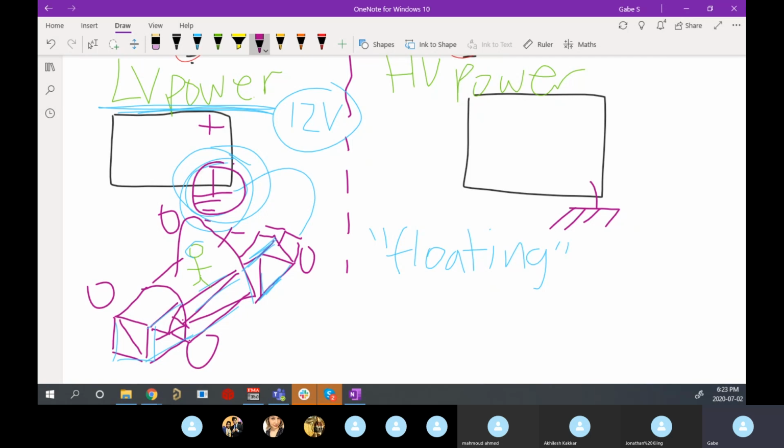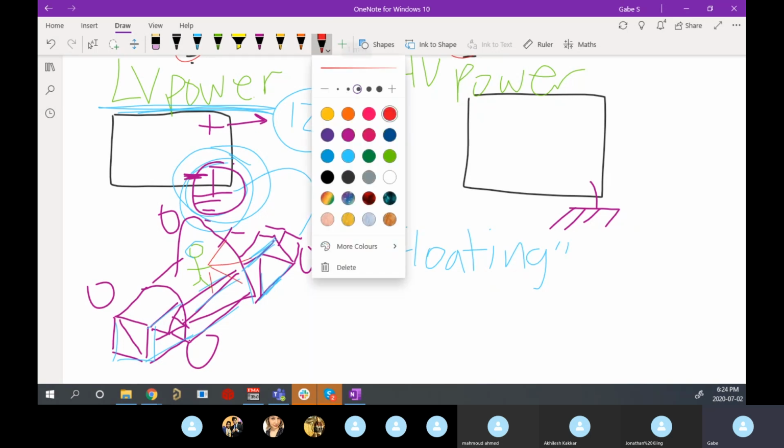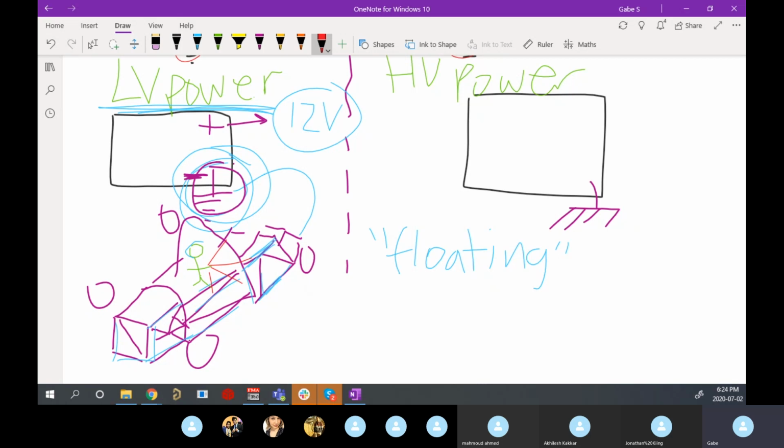This is plus and this is minus. So the ground is the minus bit. 12 volts comes out of plus. They essentially have one hand on this minus at all times because of how they're sitting in the car. So if they were to reach around and touch plus, they would have a 12-volt car battery across their hands. Now, is this dangerous?